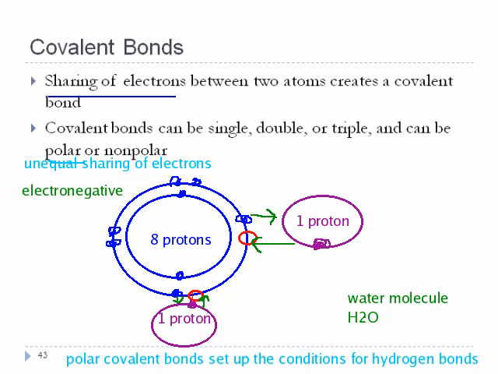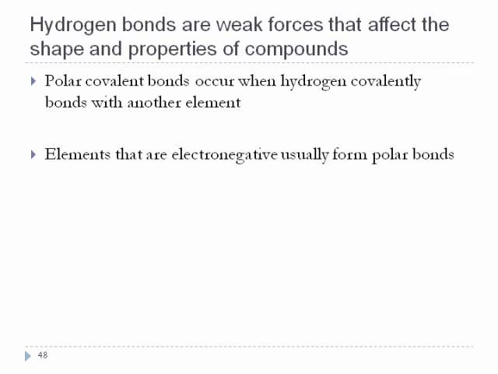So there's a couple of animations on bonds and covalent bonds. So polar covalent bonds happen quite a bit when we have hydrogen covalently bonded to some other atom that's very electronegative.